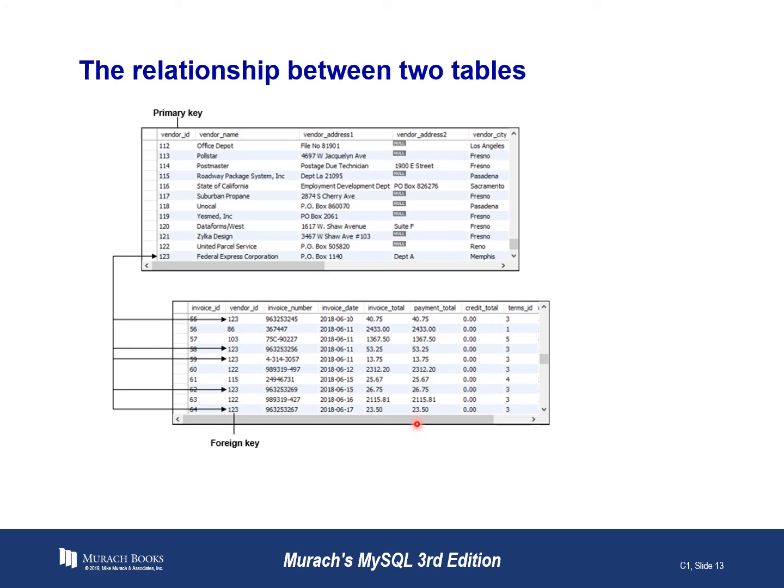Now, a couple more points here. Although one-to-many relationships are the most common, two tables can also have a one-to-one or many-to-many relationship. If a table has a one-to-one relationship with another table, the data in the two tables could be stored in a single table.